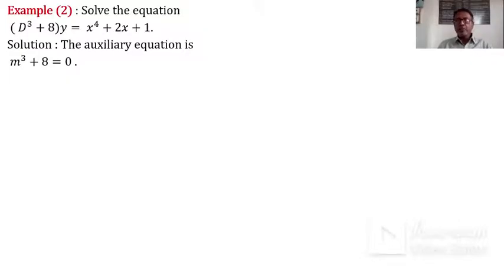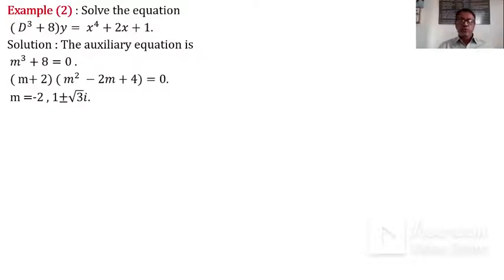From that, consider the auxiliary equation m cube plus 8 is equal to 0. We know the factors of this. Use the result x cube plus a cube. Using that, here (m plus 2) and in another bracket (m square minus 2m plus 4) is equal to 0.